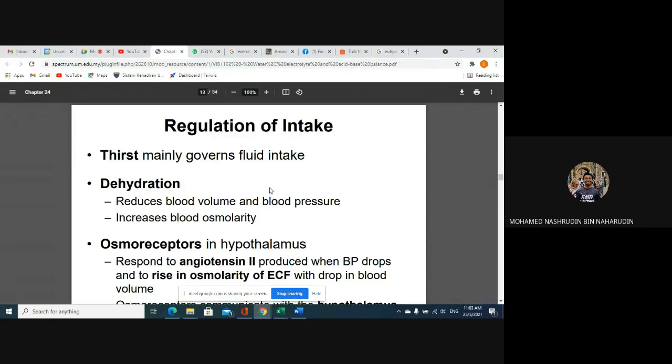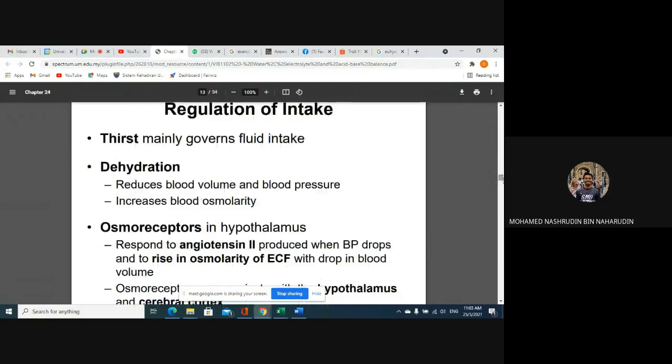And then blood osmolality will definitely increase. So how can the body detect whether it is dehydrated? It's from the osmoreceptor part in the hypothalamus.